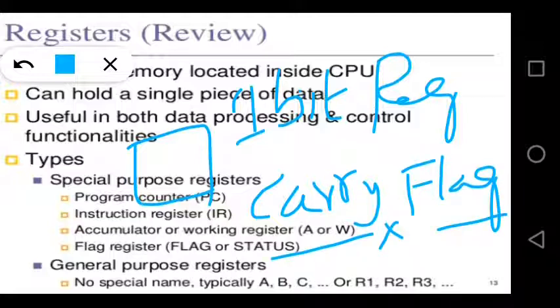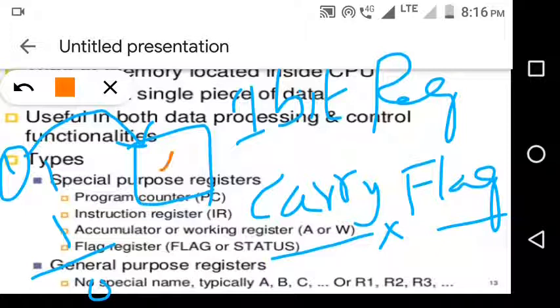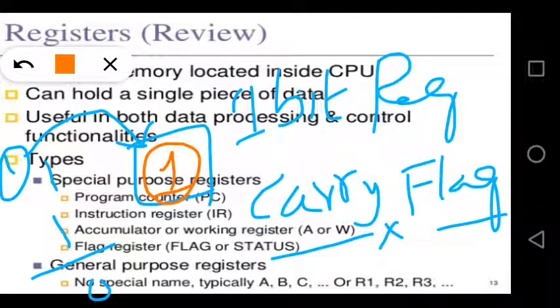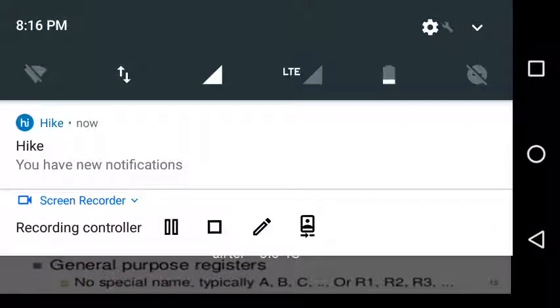Carry flag means while performing any addition or subtraction, or especially addition, you may get a carry. Then this carry is set to 1 in this register. So this is called the carry flag register. Like that, these are some special purpose registers.